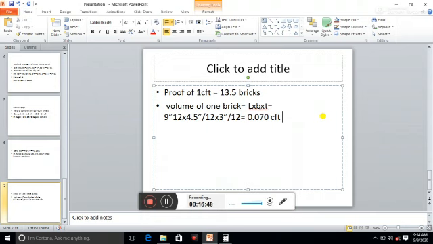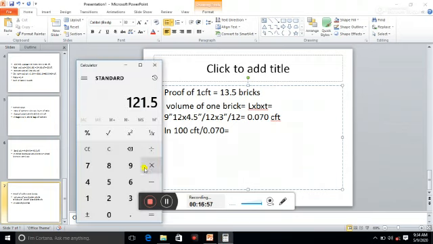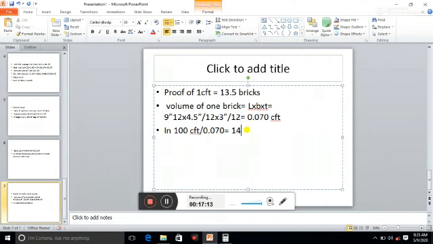Now in 100 cubic feet, we will divide 100 by 0.070, so 1428.5. Let's take 1428 bricks without mortar.